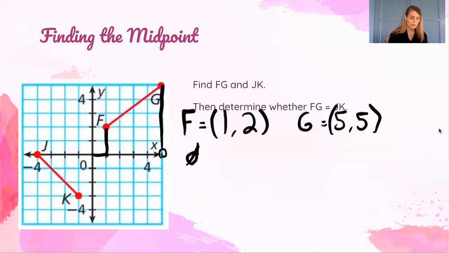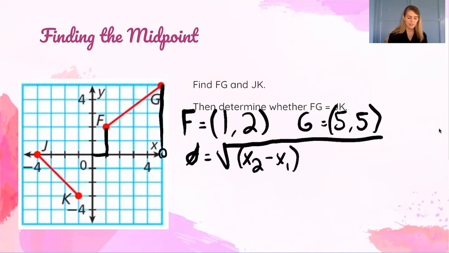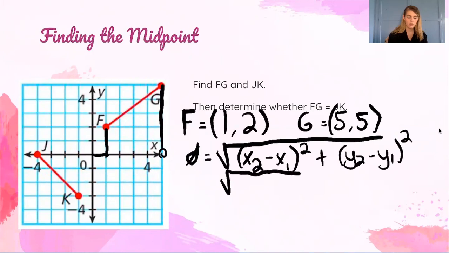So now I'm going to write my formula. Distance equals the square root of x2 minus x1 squared plus y2 minus y1 squared. This one will be 1, this one will be 2.